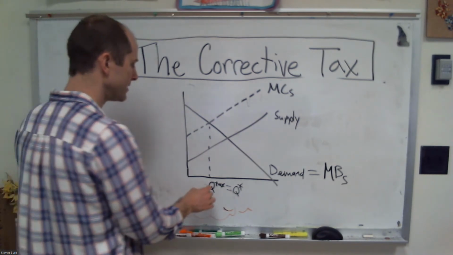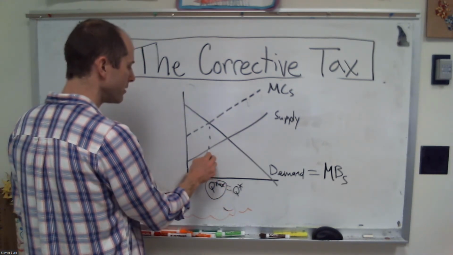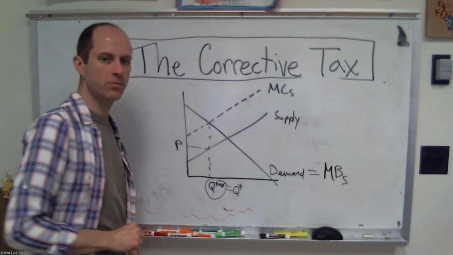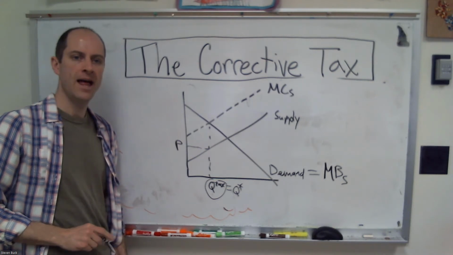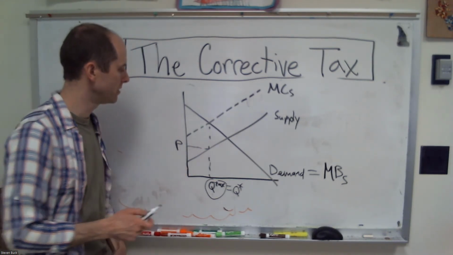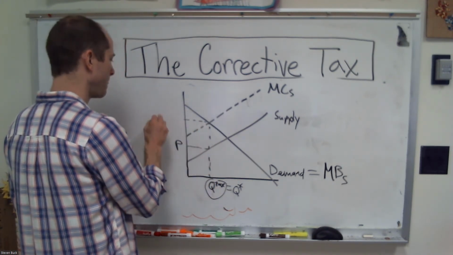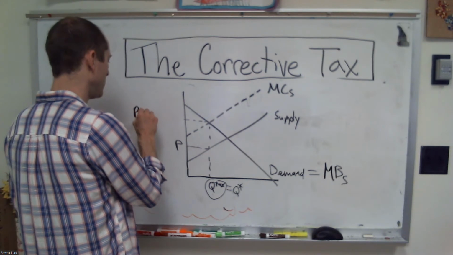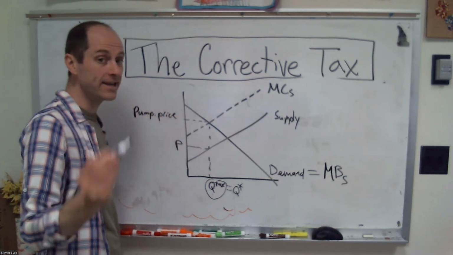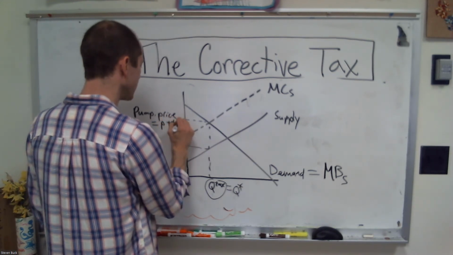Another way to conceive of this is that at this quantity, producers are going to charge this price P, and then the government is going to impose a tax on consumers. So consumers are going to pay the tax. So they're going to pay the exact same pump price, which is going to be P plus the tax.